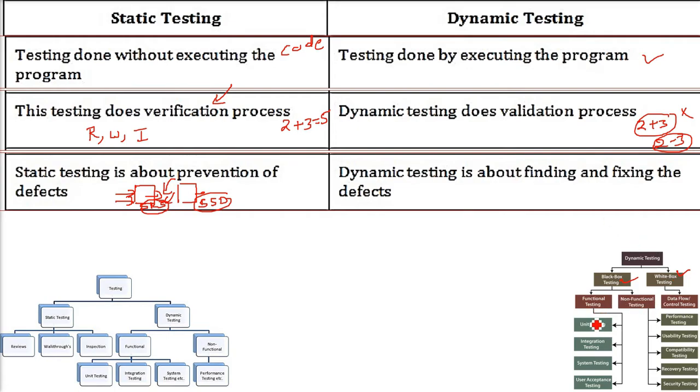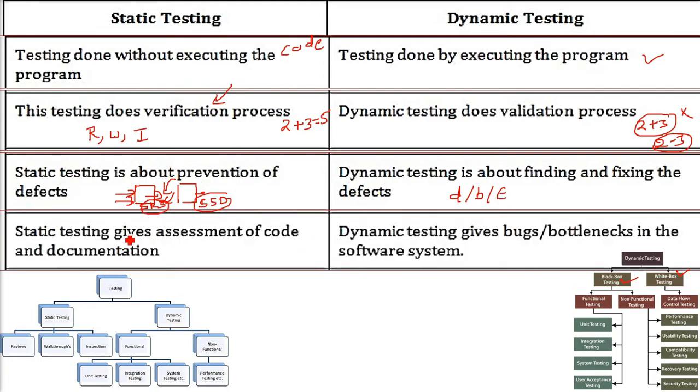In dynamic testing, now you are about to run the program. When you run the program, mostly the problems come up at compile time, and most of the time at runtime, because there are resources, memory, and so many things that come up at runtime. Static testing gives an assessment of code and documentation, and mainly the documentation, because the code is just 10% to 20% of the whole software development lifecycle.